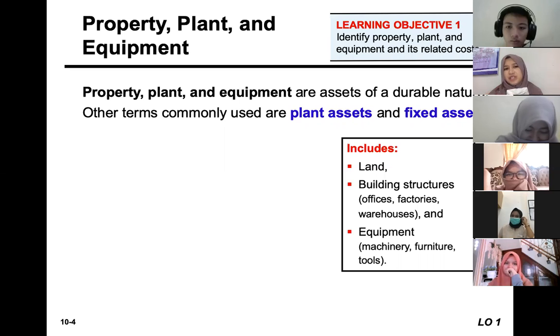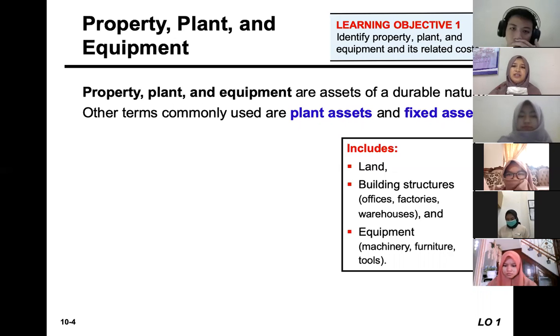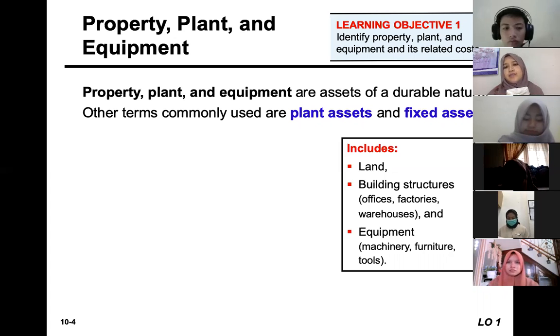If they spend too much on non-current assets like property, plant, and equipment, their capital will be very much stuck in the non-current assets. If they spend too little, it means they are not expanding their businesses well. So they need to find the most appropriate value of investment into property, plant, and equipment.